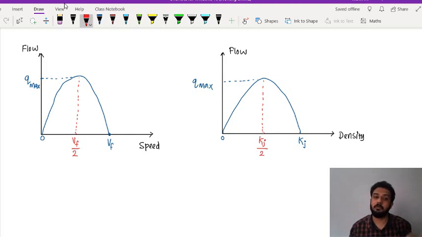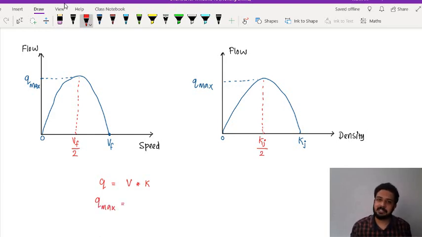And what is that maximum value? Q max. And at which combination you are getting the maximum value? Whenever your V value is Vf by 2 and your K value is Kj by 2. Right? So what can I write? We know the flow Q is equal to speed into density. This relationship we have already seen. Flow is equal to speed into density. But we need the maximum value of flow.